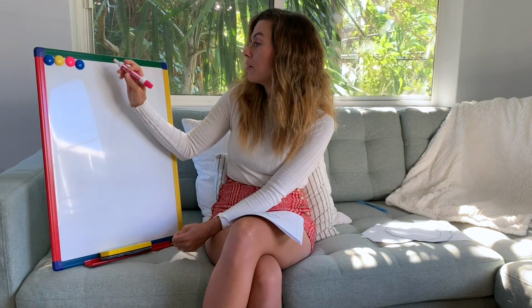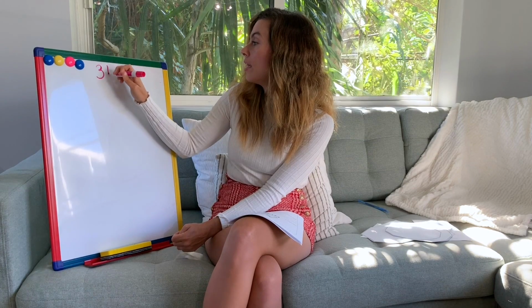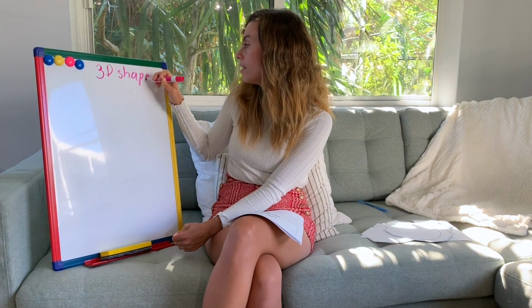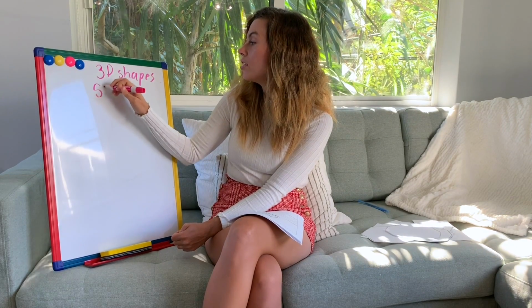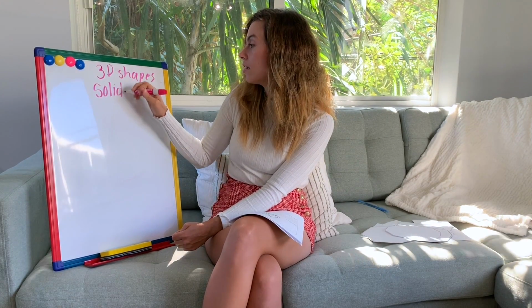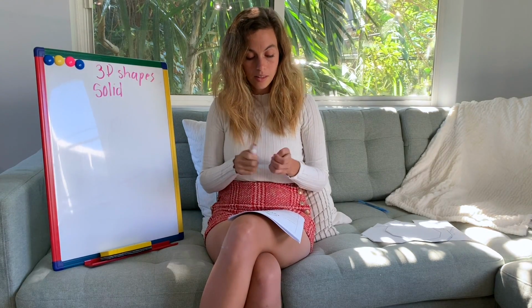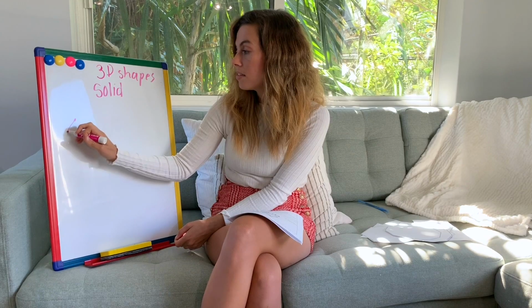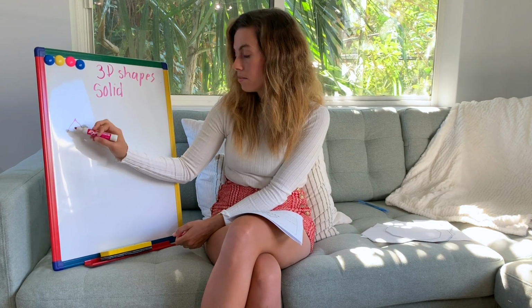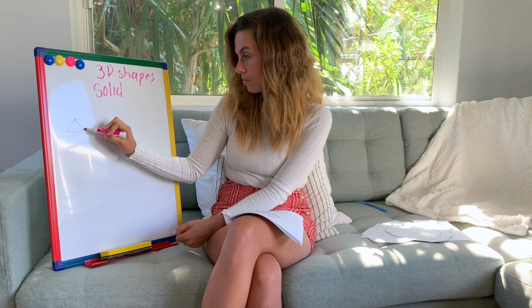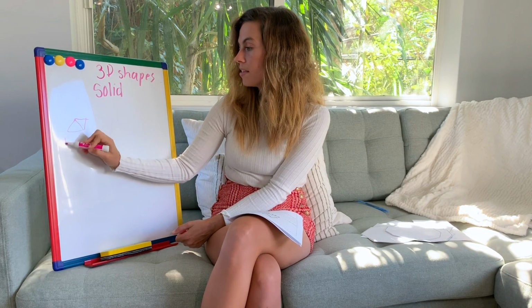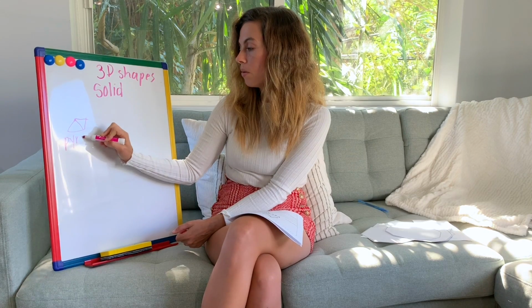Now we're going to talk about some 3D shapes. These are solid shapes that you have dimension. Okay. So the first shape we're going to talk about is, and I'm going to do my best to draw these, a pyramid.